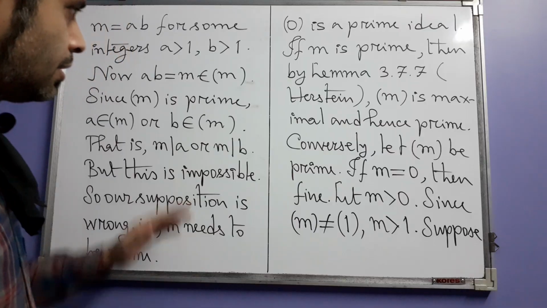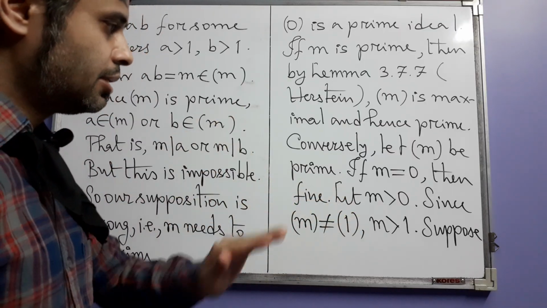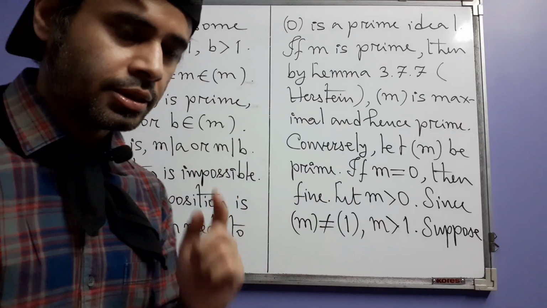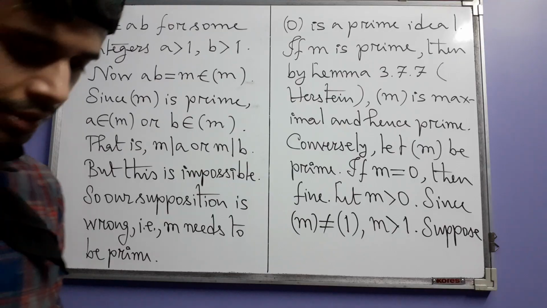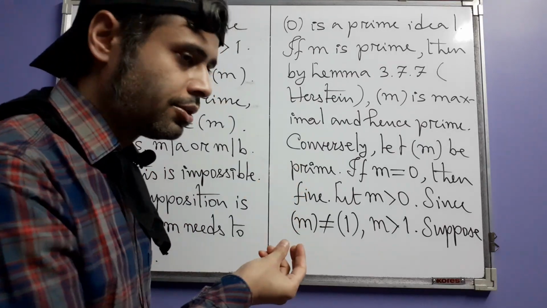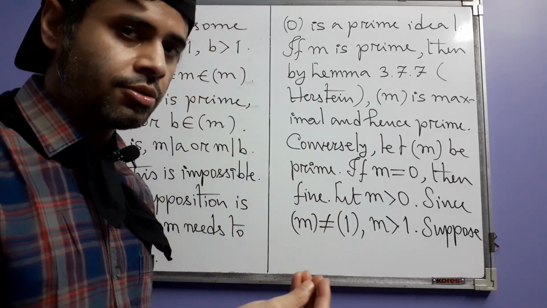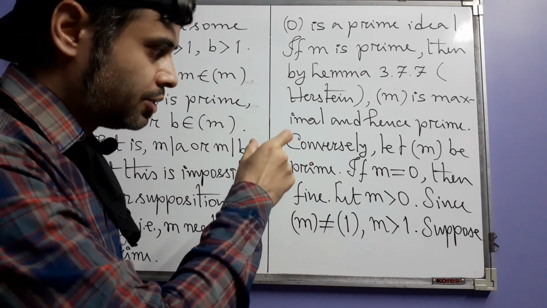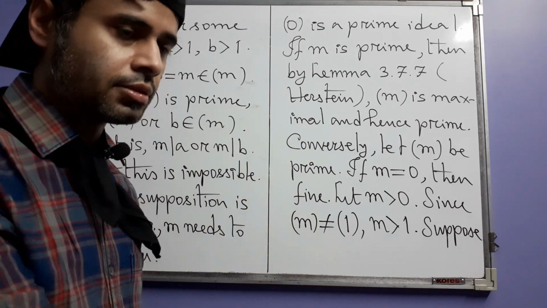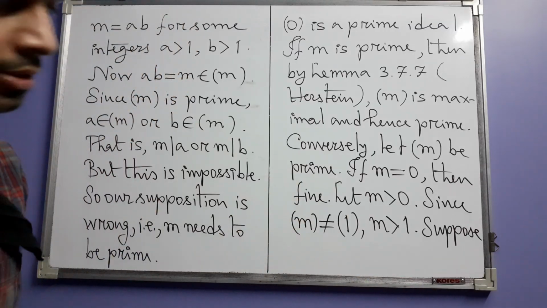Now whatever we did with the ring of integers can also be done with a polynomial ring in one variable, one indeterminate. And similarly, we have the result that in that polynomial ring also, the prime ideals correspond to the 0 ideal and the principal ideals generated by the prime elements in the polynomial ring, which are just irreducible polynomials.